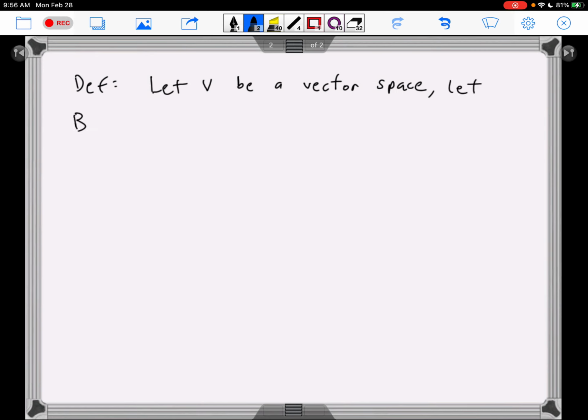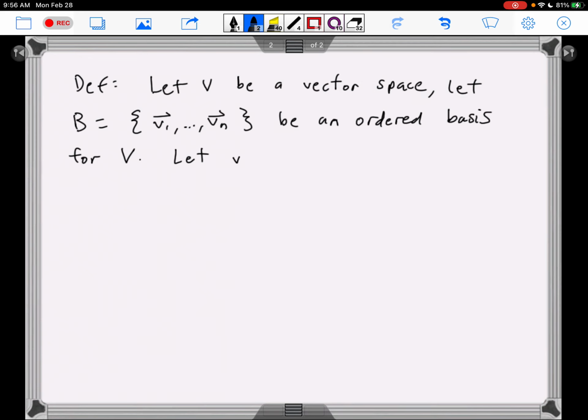And let B, which is V1 all the way to Vn, be an ordered basis for V. Also, let V in V be a vector.